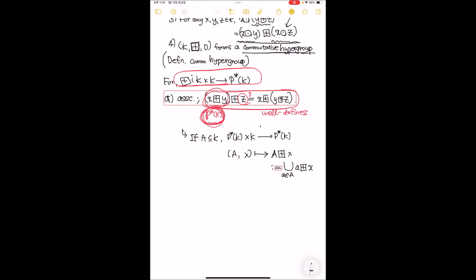We can show this case, where both are power sets.